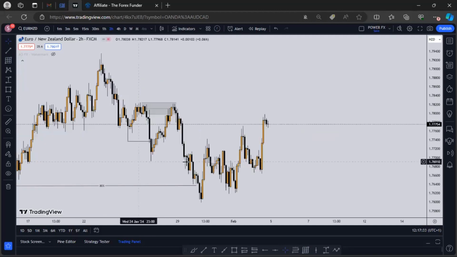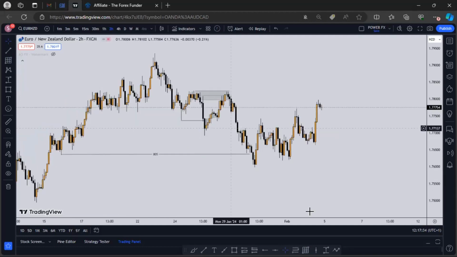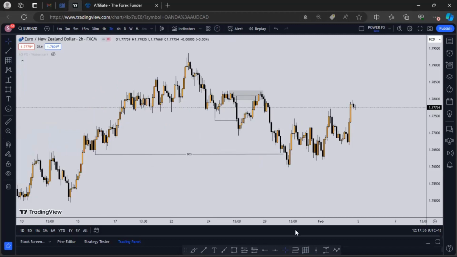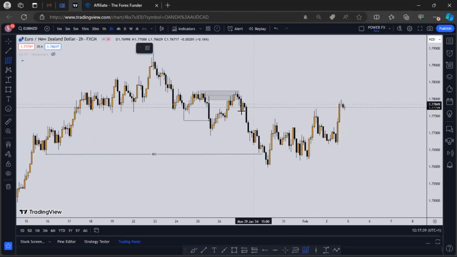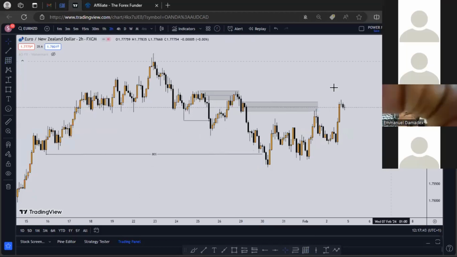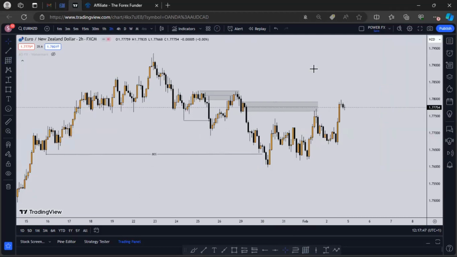You guys know, people that trade order blocks will definitely want to take their trade off of this particular area. This is another block. This is where it gets tricky, or the market tries to trick you into entering from a certain order block or zone that is not valid.